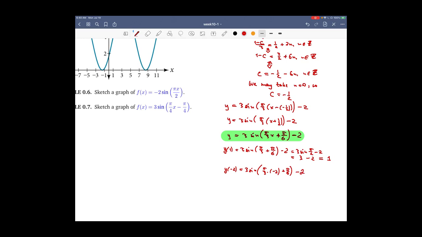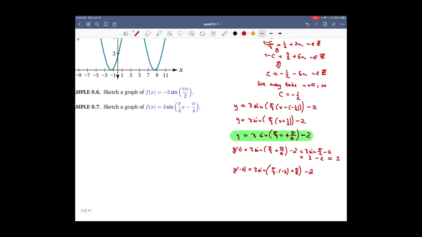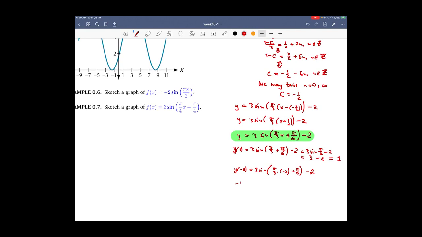So if we were to compute the argument, -2 times pi over 3 plus pi over 6, what's that? That's -2 pi over 3 plus pi over 6.